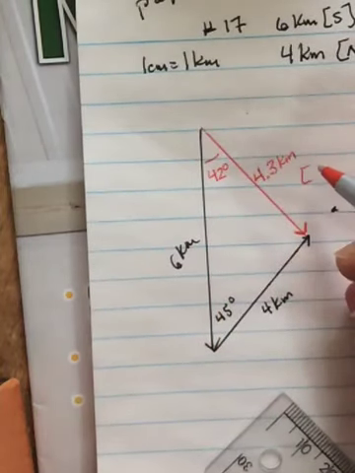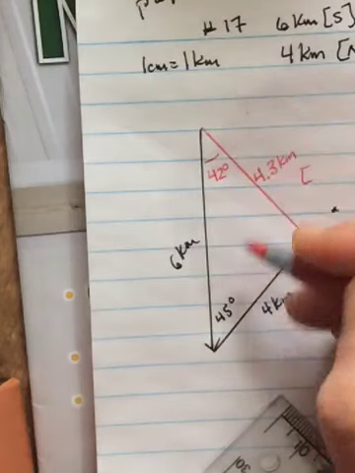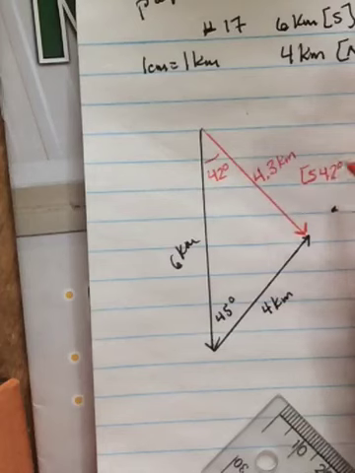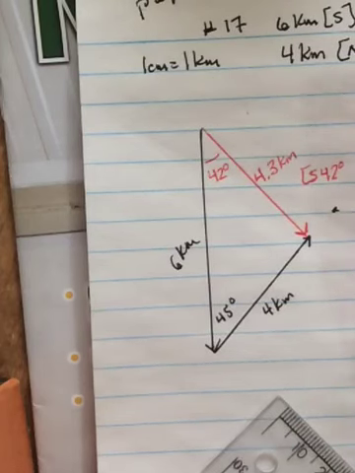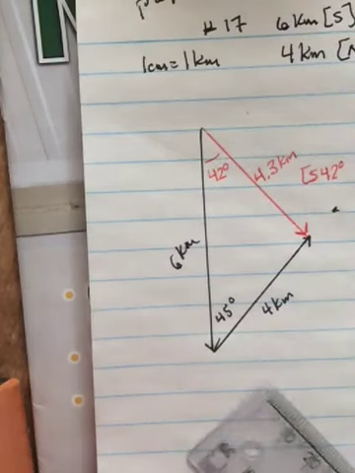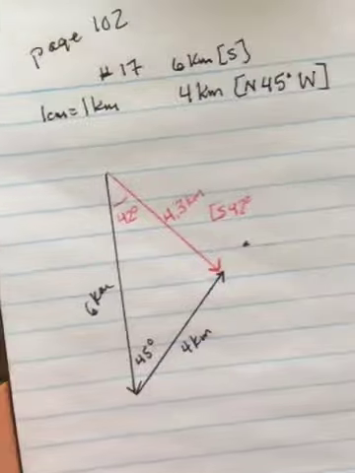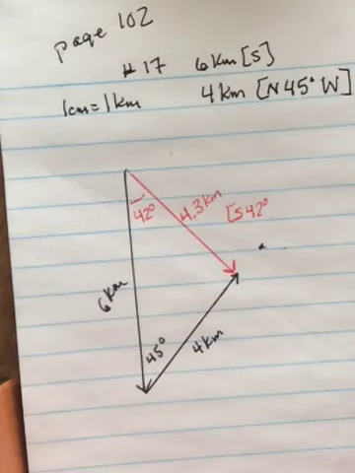Okay, so if we did the direction, I'm measuring off of the south, 42 degrees. Oh, it said west and I went east. Mine's backwards because it did say west, right? Yeah. All right. Ignore that, because that's not correct.